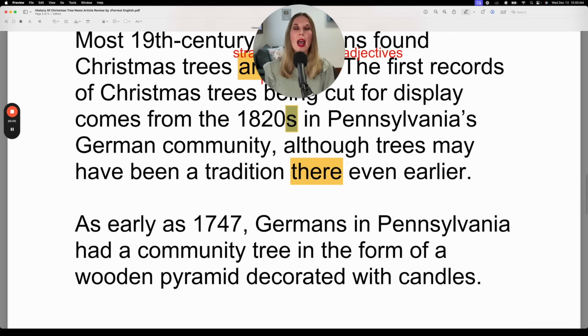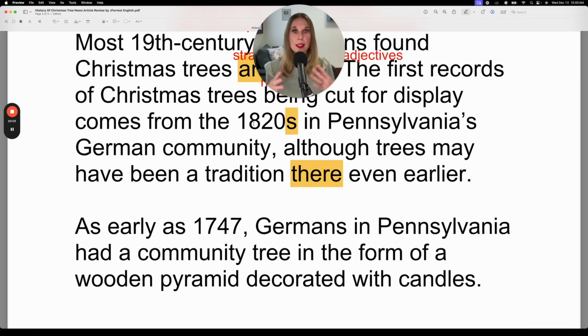And notice when you add an S, it means the entire decade of 1820, 21, 22, all the way to 1829. So instead of listing all the numbers, 1820 to 1829, you can just add that S and it means the entire decade. And decade means 10 years. So entire decade, which is 1820 to 1829, this would be the 1820s.